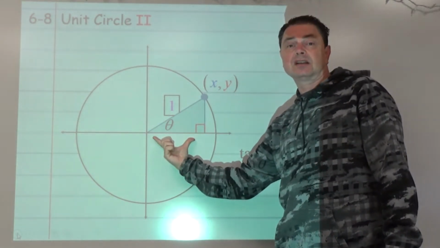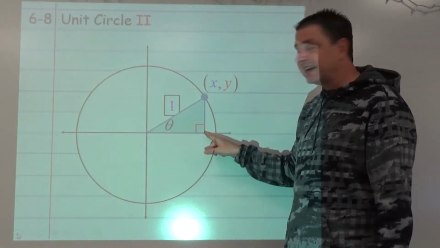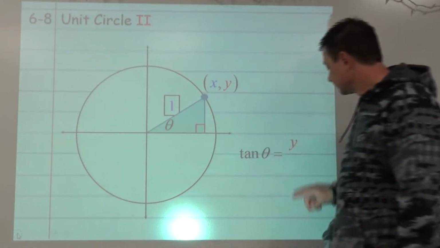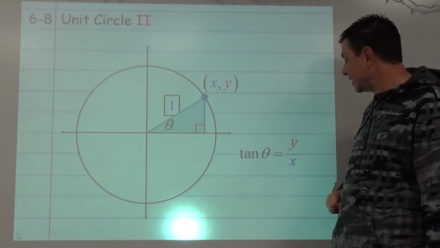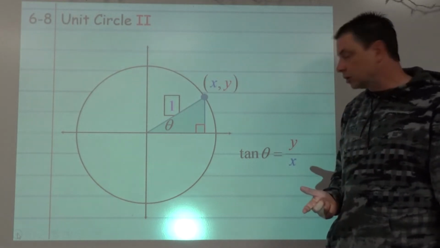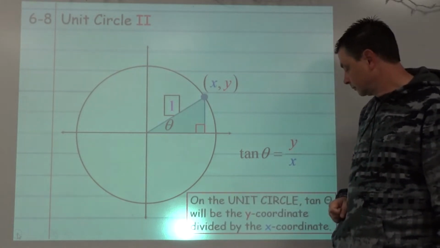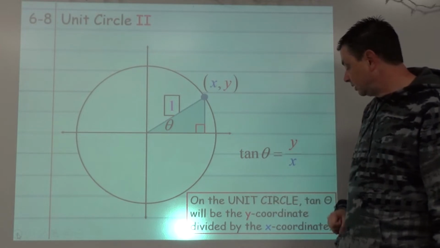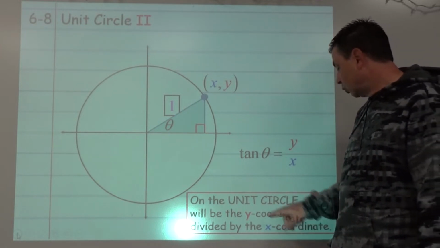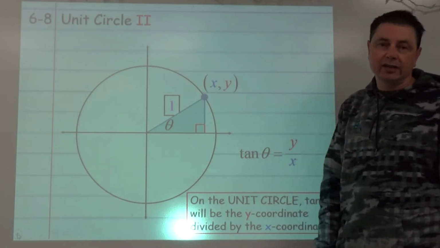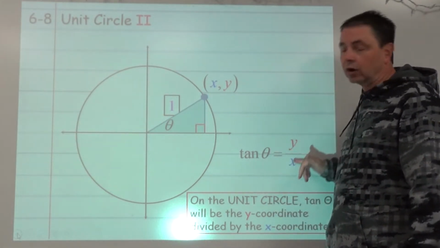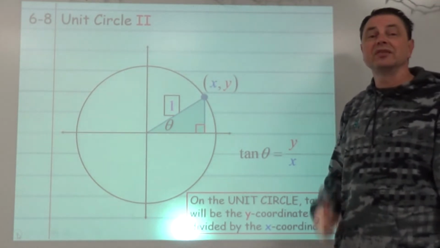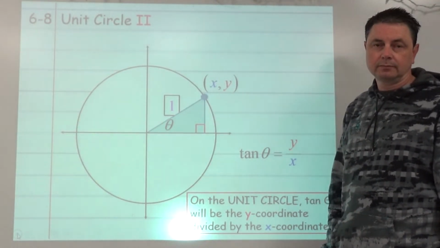The adjacent length is x. So opposite is y, adjacent is x. So in the unit circle, the tangent of theta will be the ratio of the y coordinate divided by the x coordinate, or simply put, the y coordinate over the x coordinate in terms of setting up the fraction.